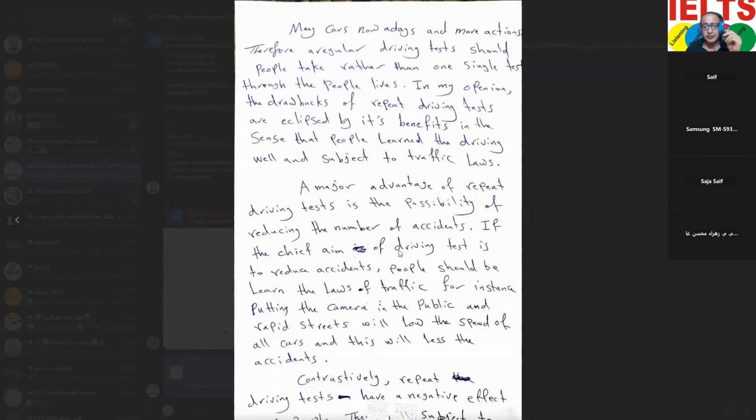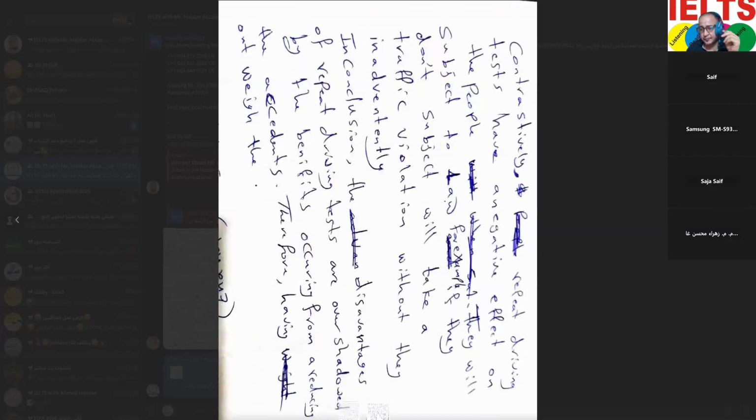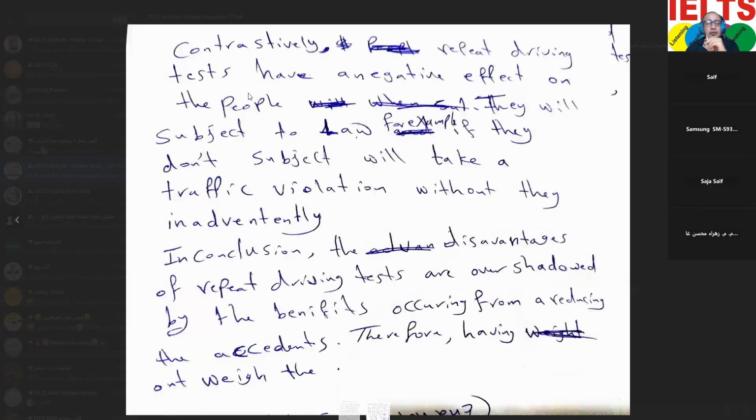If the chief aim of a driving test is to reduce accidents, people should be learn the laws of traffic, for instance. Contrastively, repeated driving tests have a negative effect on people. A negative effect. The A should be separated from negative. It's two words, not one word.